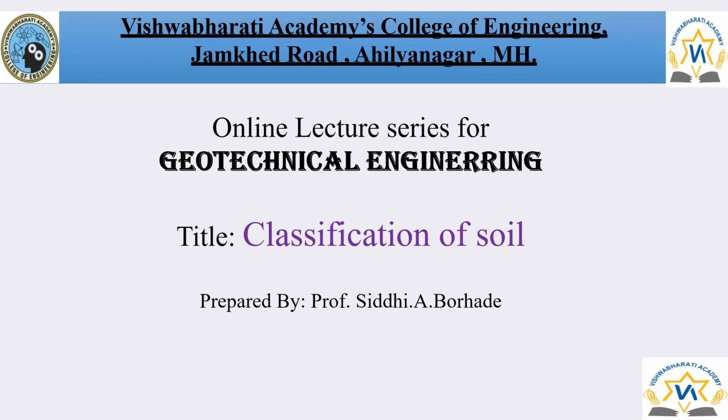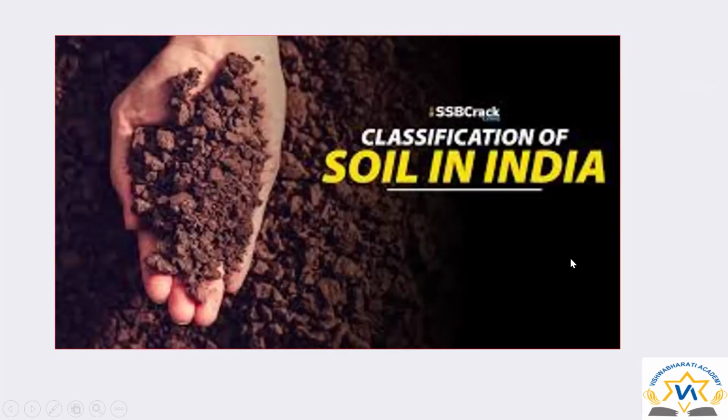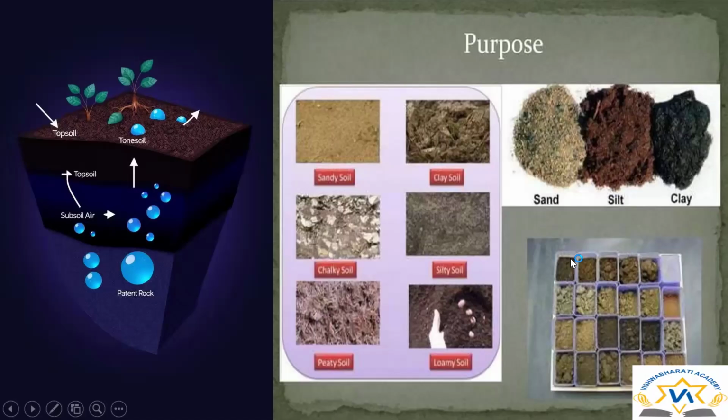The soil classification system contains five standard classifications of soils. The first classification of soil is based on particle size.